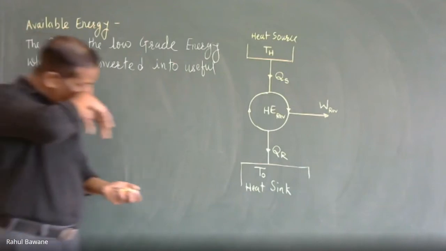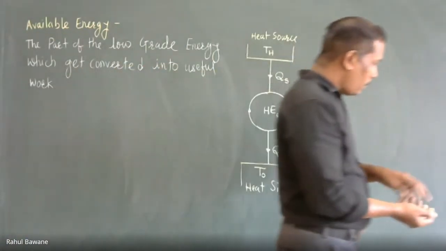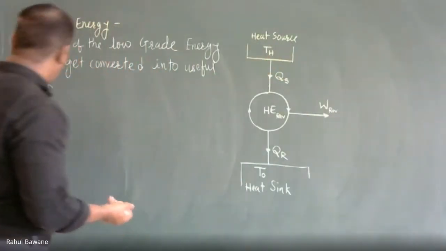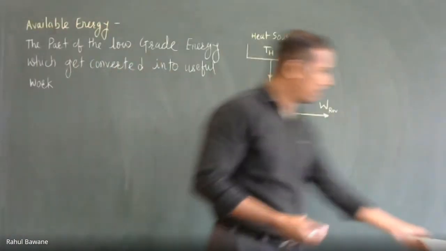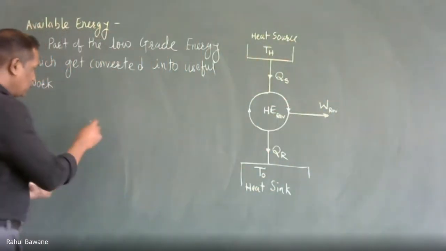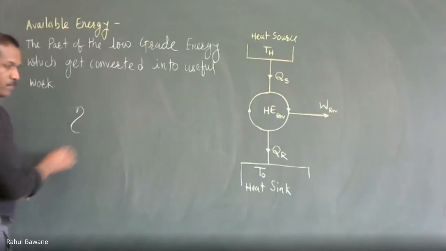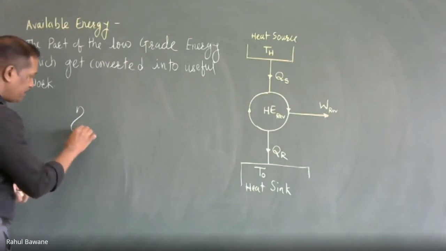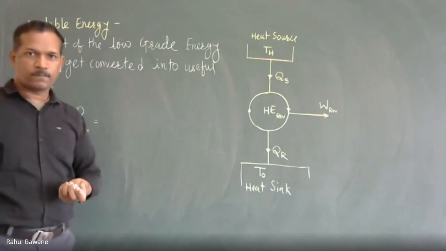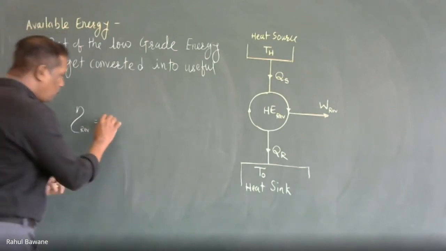Now the next point is how we can calculate the efficiency there. No doubt, this is a heat engine, so there will be an efficiency. So efficiency of this reversible engine will be output upon input.